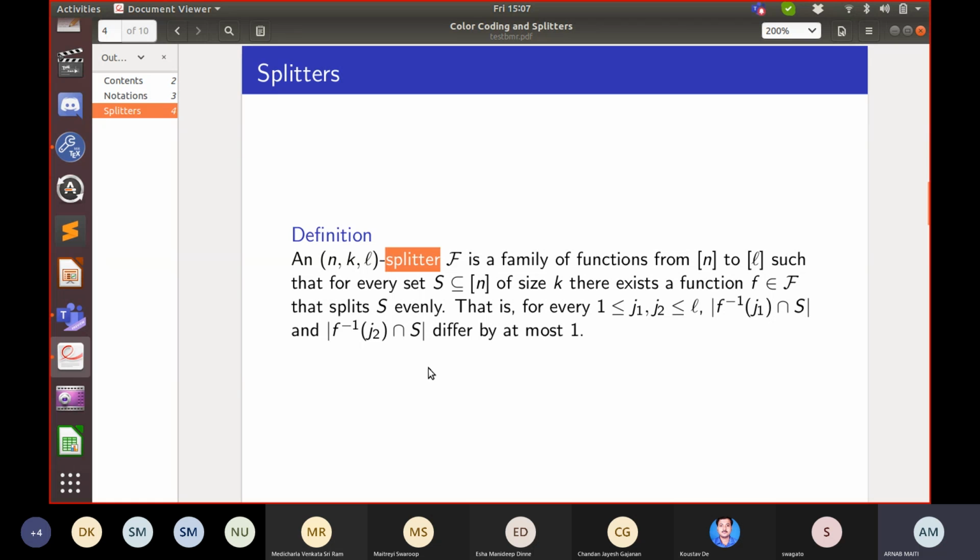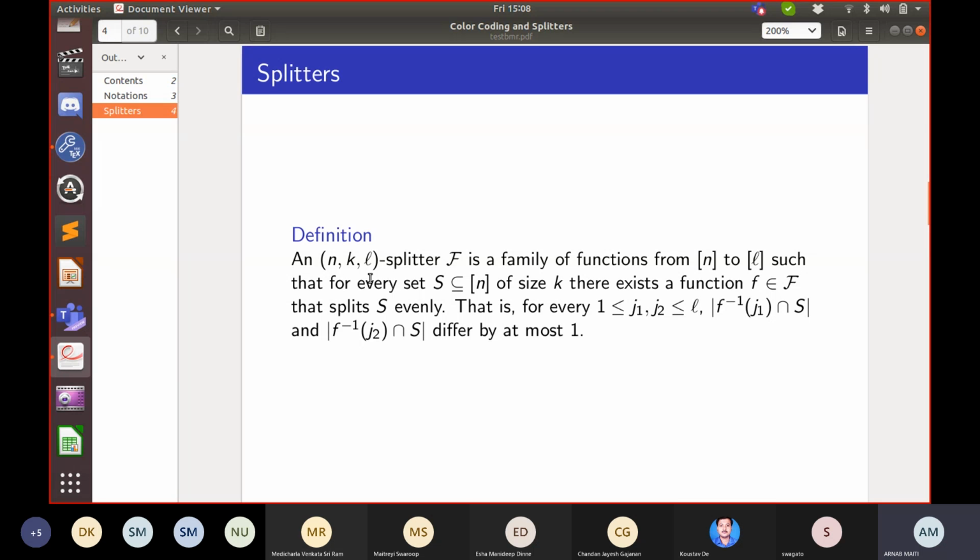We'll go line by line in detail. It's a family of functions from the set 1 to n to the set 1 to l. That was the shorthand representation. It is a family of functions, but it has some special properties.